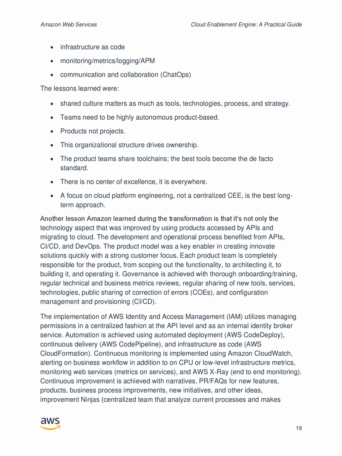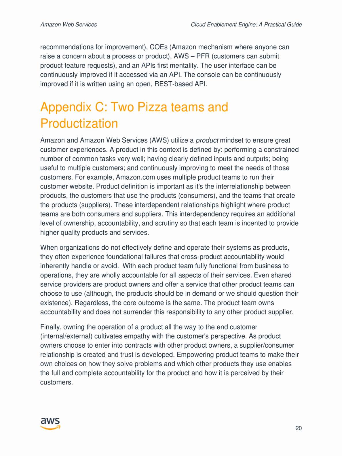Continuous improvement is achieved with narratives, PR/FAQs for new features, products, business process improvements, new initiatives, and other ideas, improvement ninjas, a centralized team that analyzes current processes and makes recommendations for improvement, CoEs, Amazon mechanism where anyone can raise a concern about a process or product, AWS-PFR, customers can submit product feature requests, and an APIs first mentality.